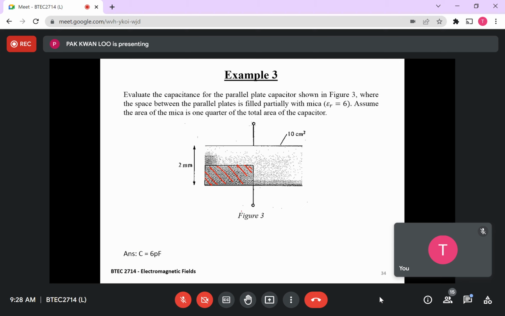So by looking at the configuration of the dielectric, what would be the equivalent capacitance in this case, the equivalent circuit? So we have 1/4 of it, right? What would be the equivalent circuit, the capacitance circuit that represents the arrangement of the dielectric?